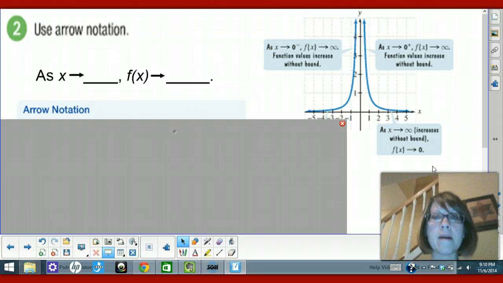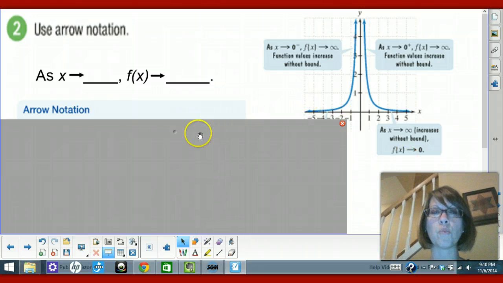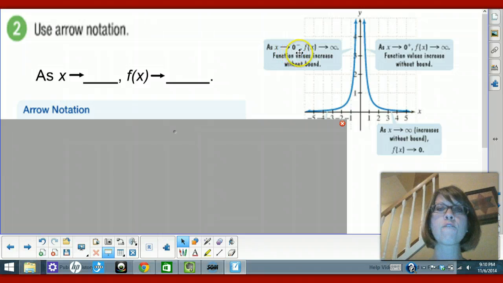The new notation we are going to see, though, is what we see up here at the top. I'm going to talk about this one first. As x approaches 0, that's the way you read that. As x approaches 0 from the negative side, that means you're approaching from the left.